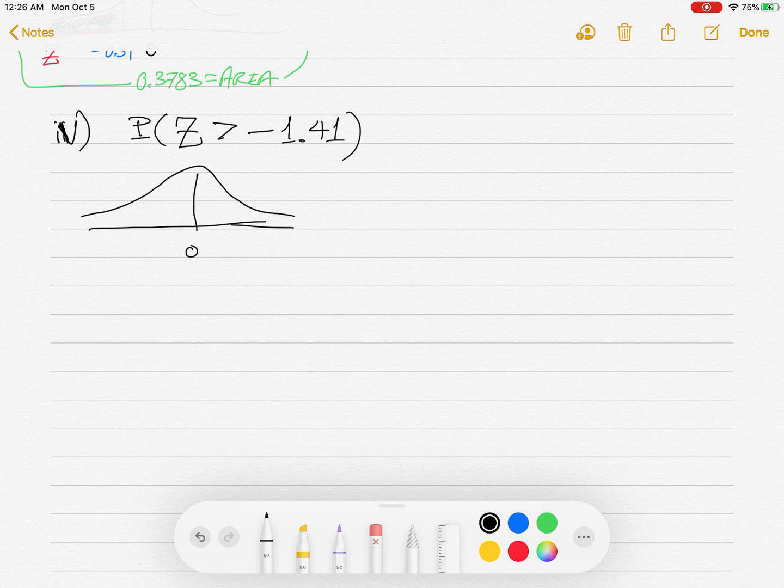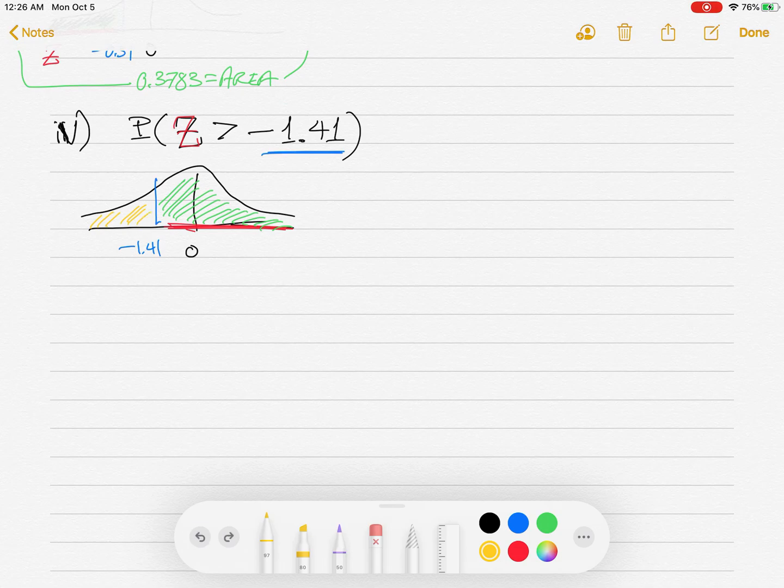If I draw a picture, I have a z distribution with zero in the center. Negative 1.41 is the z-score we're interested in, here on the left side of 0. But we want a bigger z-score, to the right. That means we want this area under the density function to the right.